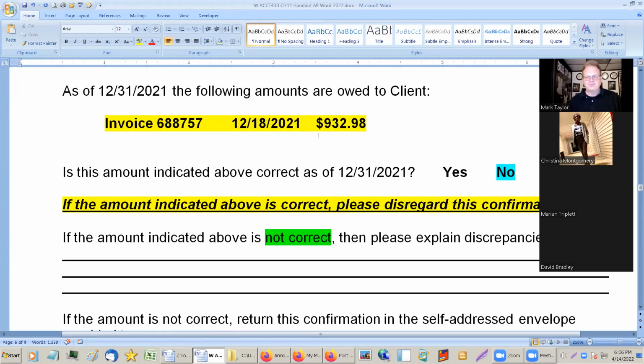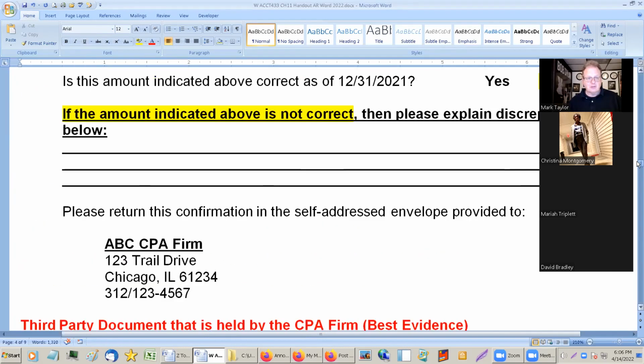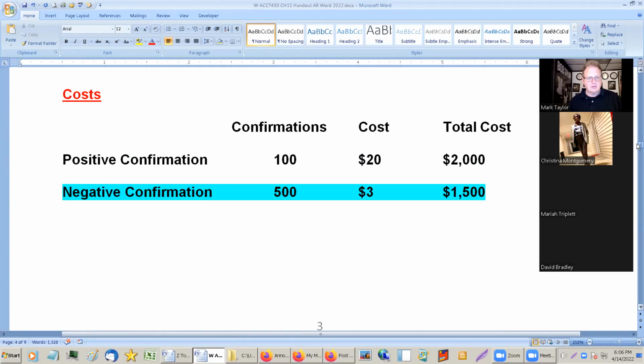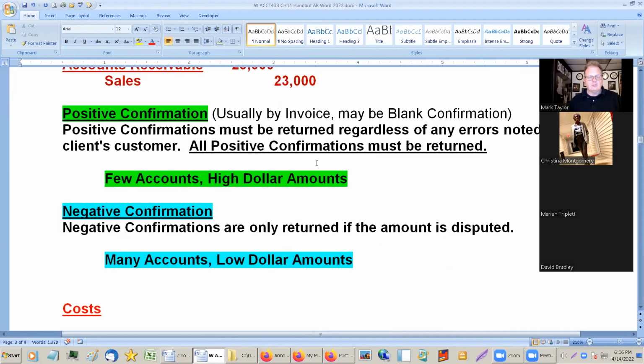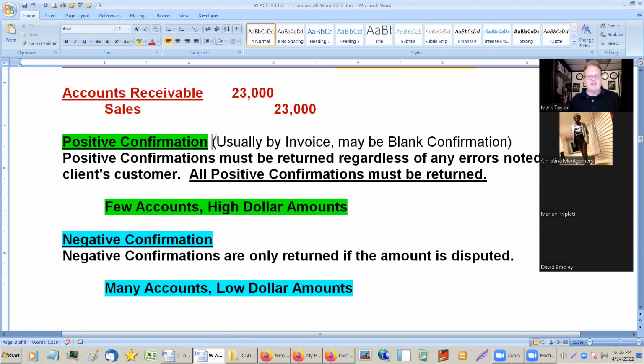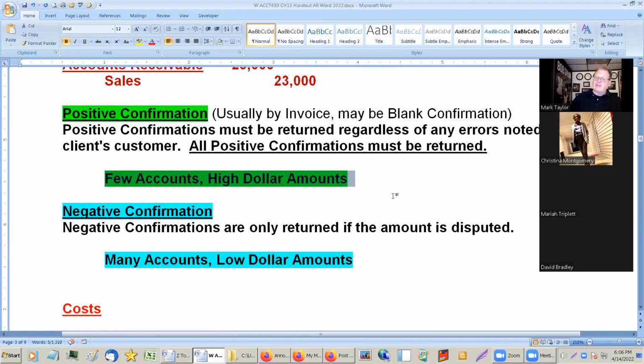The positive confirmations are better. Do I have that up here somewhere? Yeah, so positive confirmations are better evidence. They're also more expensive though. So there's a cost factor a lot of times to them.